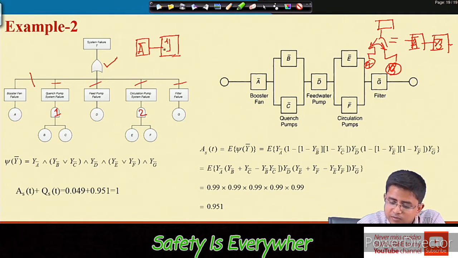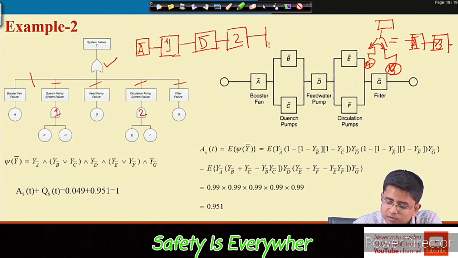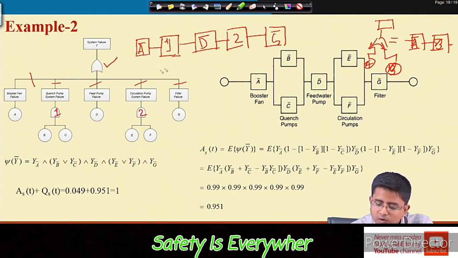So, A bar, then 1, then D bar, then 2, then G bar. Now 1 is nothing but B and C, and it is an AND gate, that is why it is in parallel, B bar and C bar.